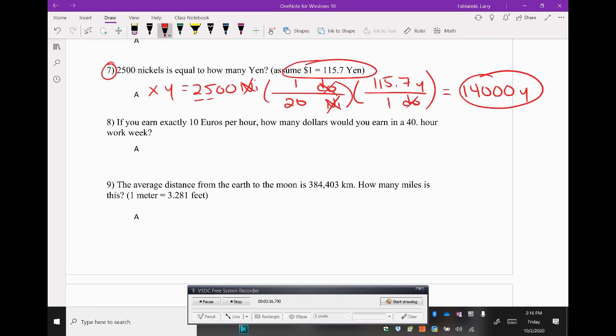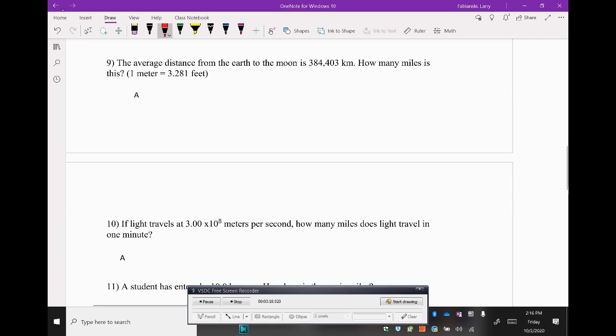Continuing on, let's take a look at number 9. The average distance from the Earth to the Moon is that many kilometers. How many miles is this? So, again, what are we looking for? We are looking for X miles. What do we have? 384,403 km.